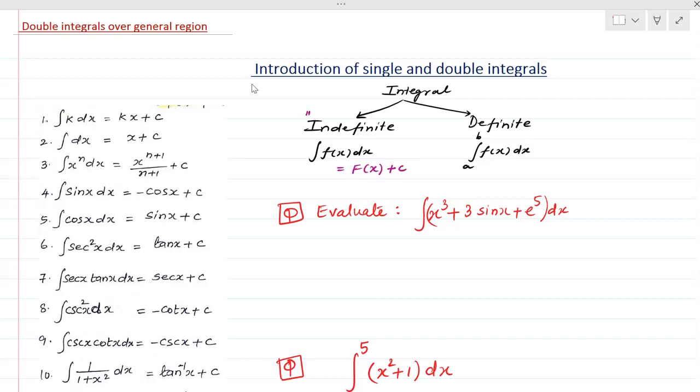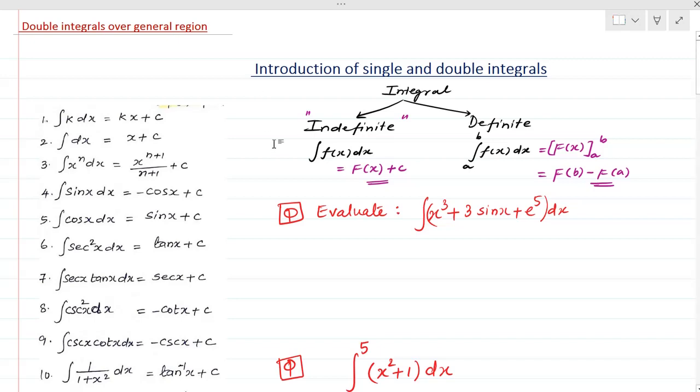For the indefinite integral, there will always be an integration constant, whereas here, if you integrate, you will get F of x with the limit, without the integration constant. What is the formula for substituting the limit? Apply the upper limit: F of b minus F of a. So this is the main difference between the definite and indefinite integral.